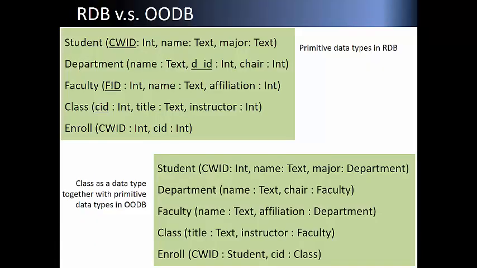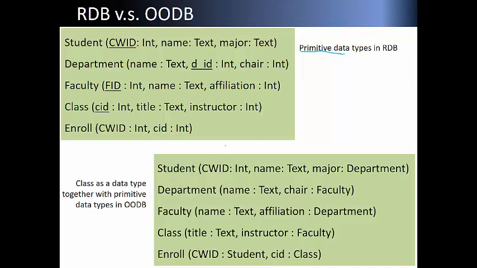Okay. So this is the comparison between relational database and object-oriented databases. The structure or definition of class or definition of tables look similar, right? In this relational database, all the data inserted into the attribute should be primitive data. They're all text, integer, those things.